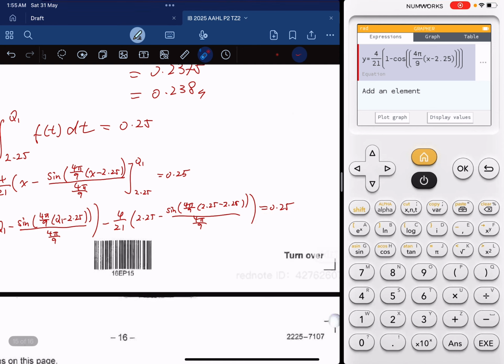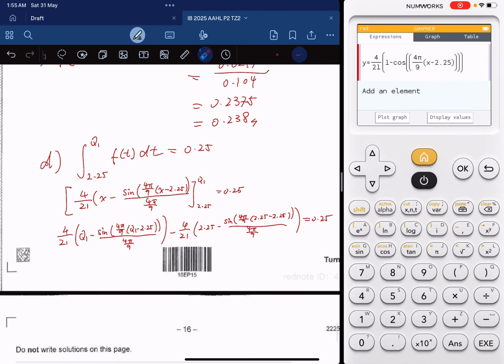So what we need to do, just go to here. I'm going to change this one to be sine because I'm lazy. And then the q1 becomes x because I treat it as q1, and there are so many brackets, let me delete some of them. Delete one more, two more brackets.